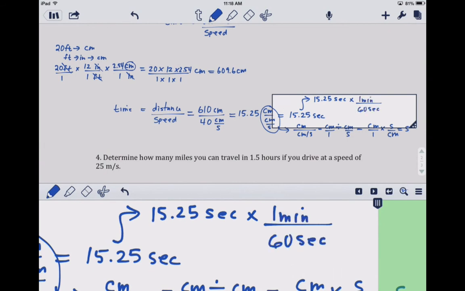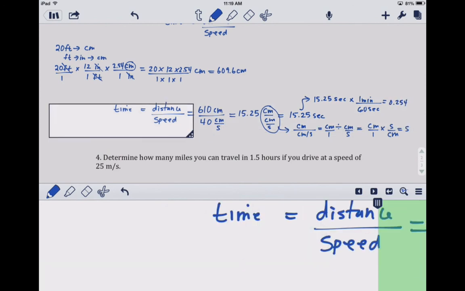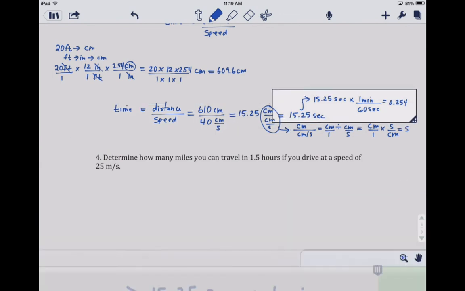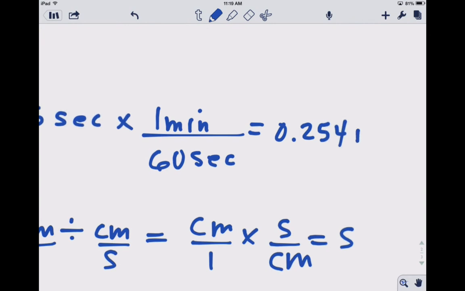This is one of the more straightforward calculations you know how to do. It's going to be about 1/4 of a minute, or 0.254 minutes. There you have it.